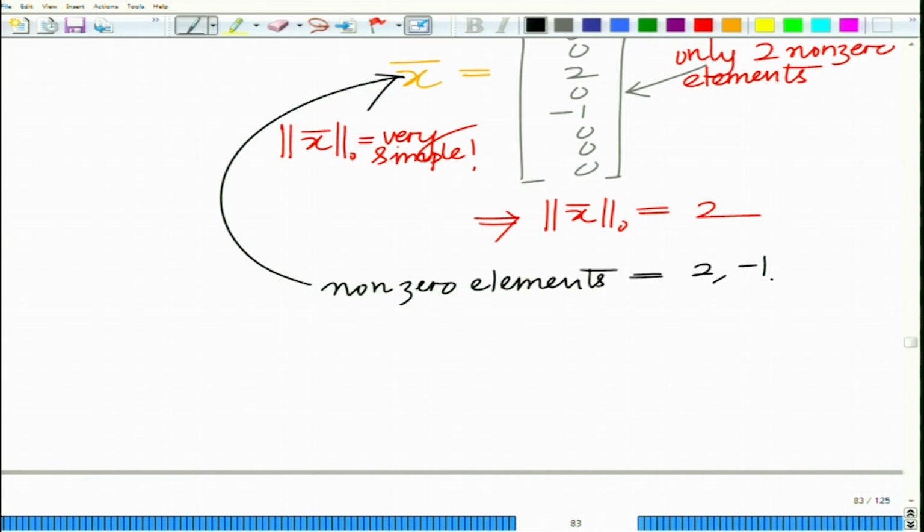We are not concerned with the values of the non-zero elements, only with the number of them, unlike the other norms.